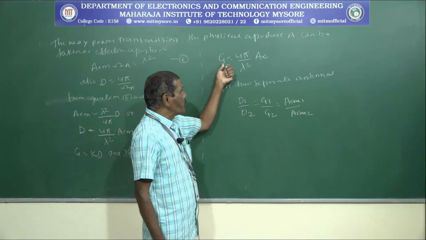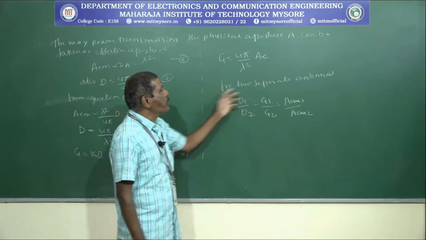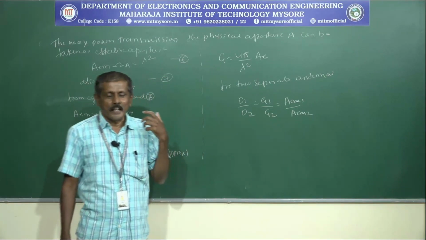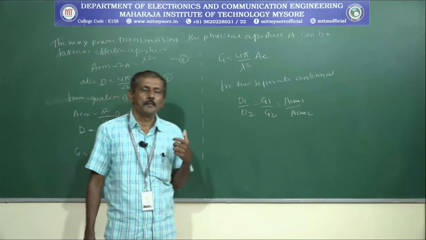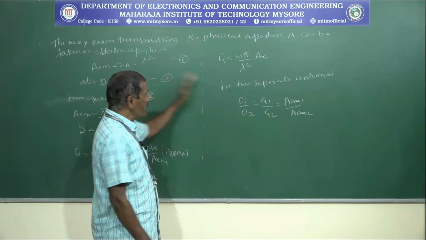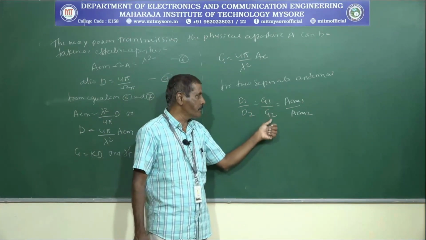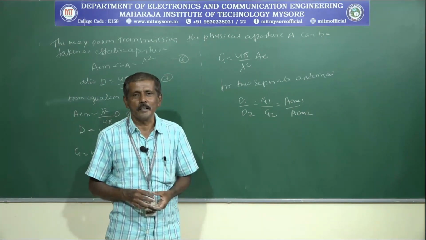Now gain equal to 4 pi divided by lambda square into A. Now for two separate antennas having directivities D1 and D2, gains G1 and G2, and maximum effective apertures AEM1 and AEM2, you can write D1 by D2 equal to G1 divided by G2, which is equal to AEM1 divided by AEM2.